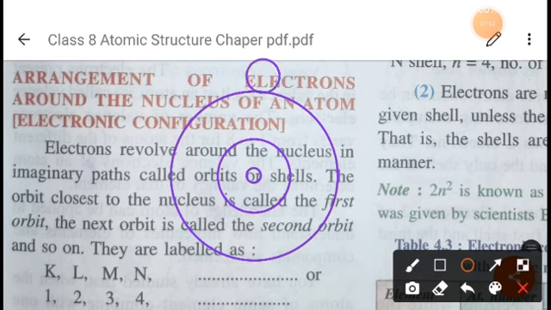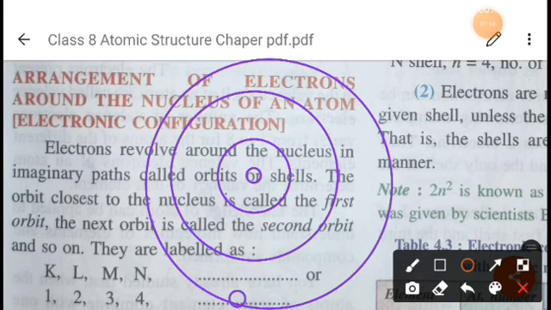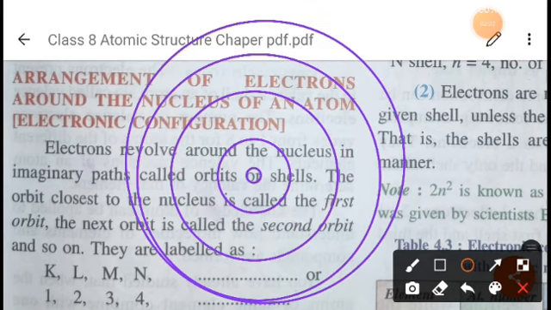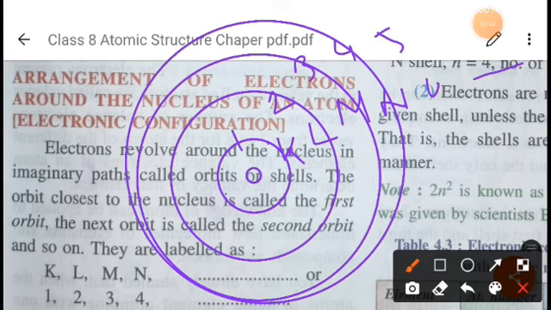The second shell we have given the name L shell. The third shell, M shell. The fourth shell, N shell. Fifth shell, O, P, like this.